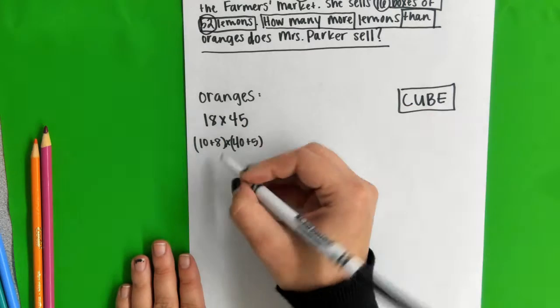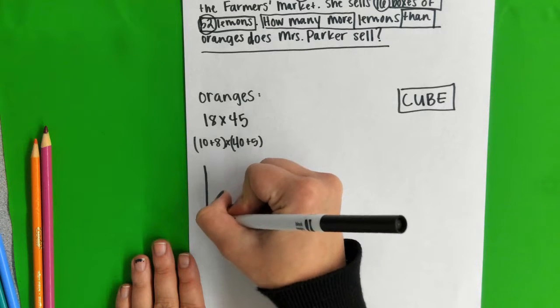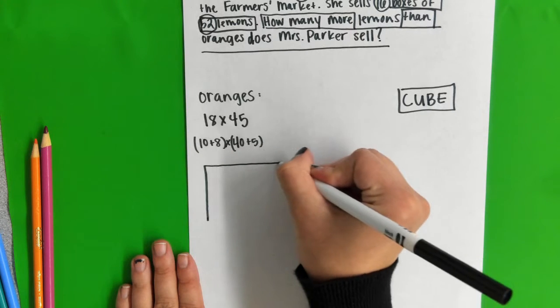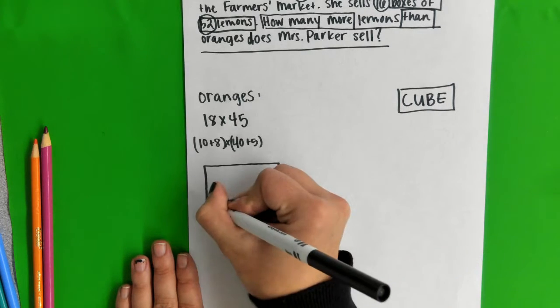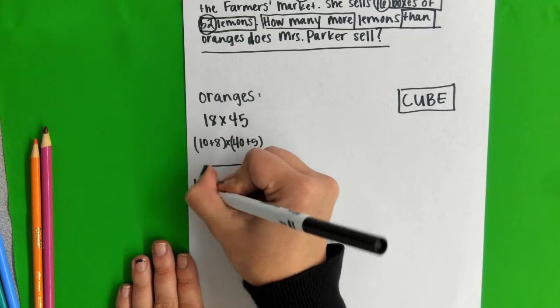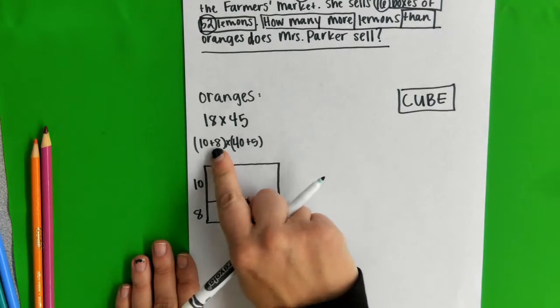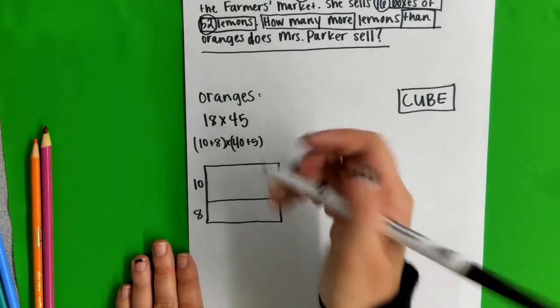I can multiply those together. I'm going to draw my box. 10 down the side and 8 down the side. And I have 40 and 5 across the top.